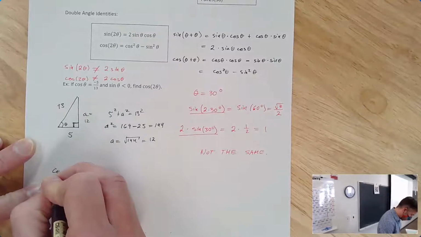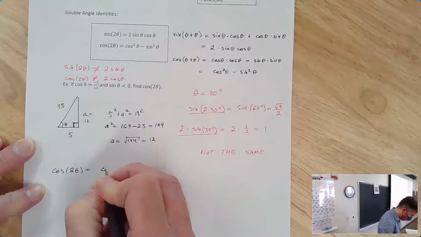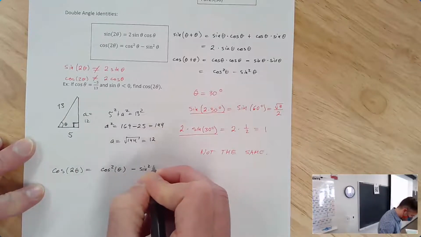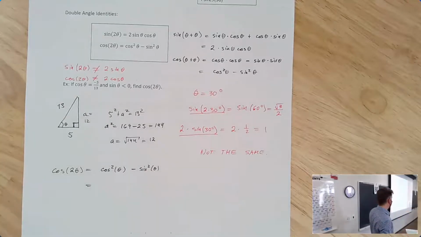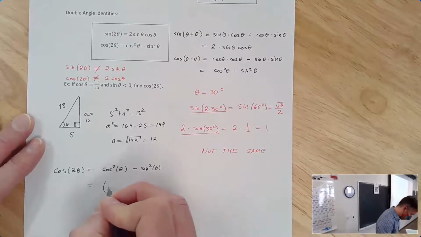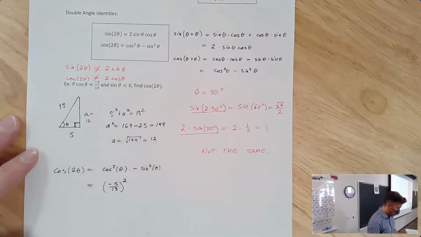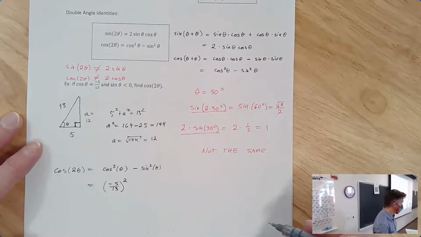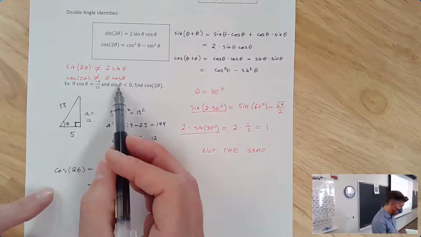And I want to find cosine of 2 theta, which is equal to cosine squared theta minus sine squared theta. Okay, well, we can find both these things. We already know what cosine theta is. It's negative 5/13. They told us. So it's going to be negative 5/13 squared. And what's sine of theta in this triangle? It is 12/13, but they told us that sine of theta was negative.